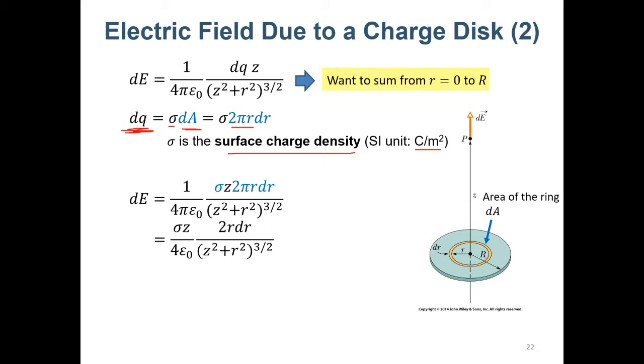The width will be 2 pi r, which is the circumference of the circle, and the height of this rectangle will be dr. It may be difficult to imagine, but it is something like this. The width is 2 pi r, the height is dr, so it is the area of a rectangle.